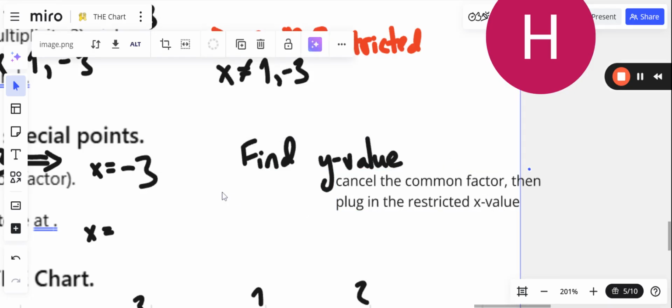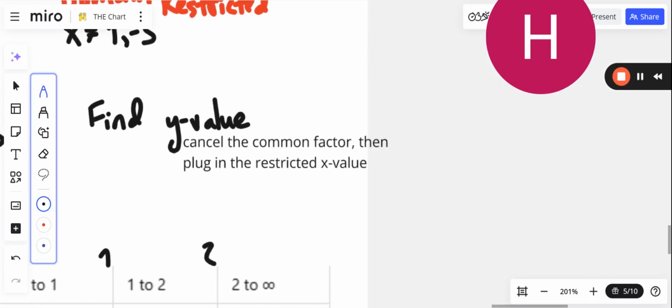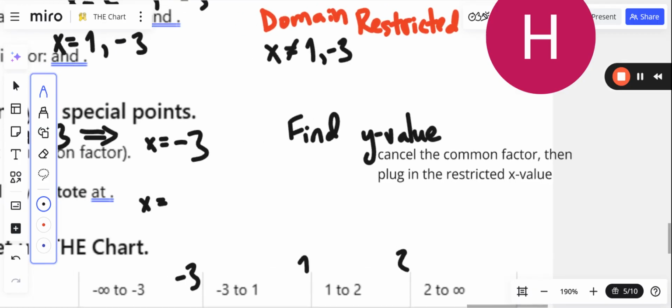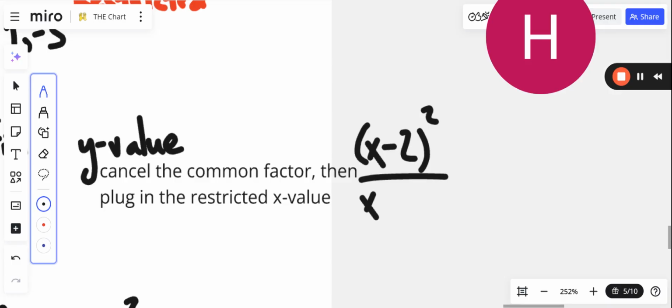So we're going to cancel the common factor of x plus 3, and then plug in the x value that is restricted, which is -3. So what does it look like when we cancel the x plus 3? We're going to have x minus 2 squared over x minus 1.